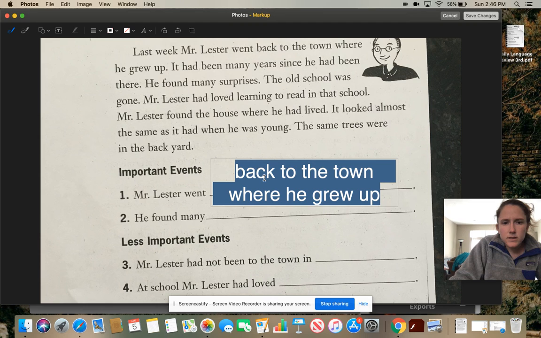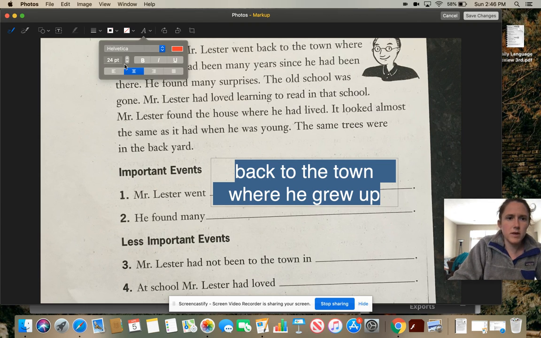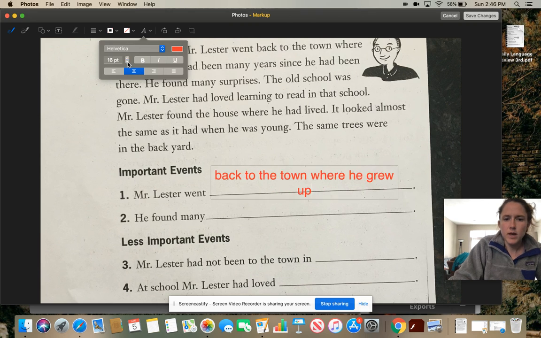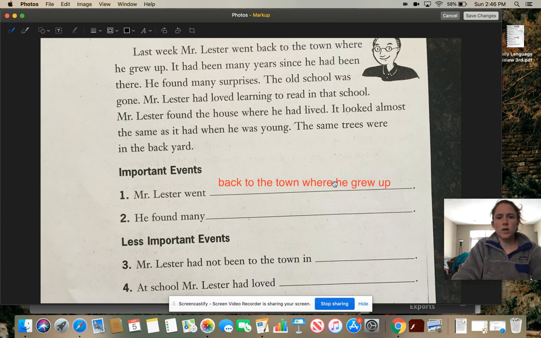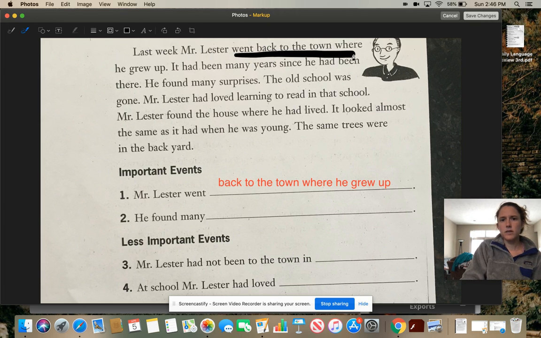So that is the most important place that he went. Let me make this smaller so it can fit on the line more. There we go. So Mr. Lester went back to the town where he grew up. So you can see that information in this first paragraph right here.